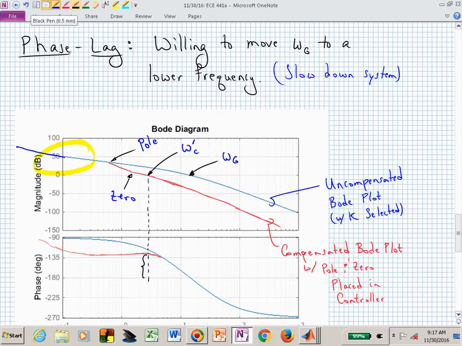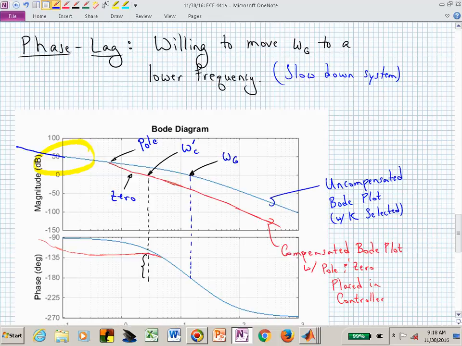Again, we're trying to look at a 1 at an angle of minus 180. Where are we at a magnitude of 1 in our magnitude plot? At what frequency? At omega sub g. That's the blue curve that we're interested in. Now we go down and we say, how close to minus 180 are we with our phase at omega sub g? Very close, aren't we? We hardly have any phase margin in the uncompensated system.